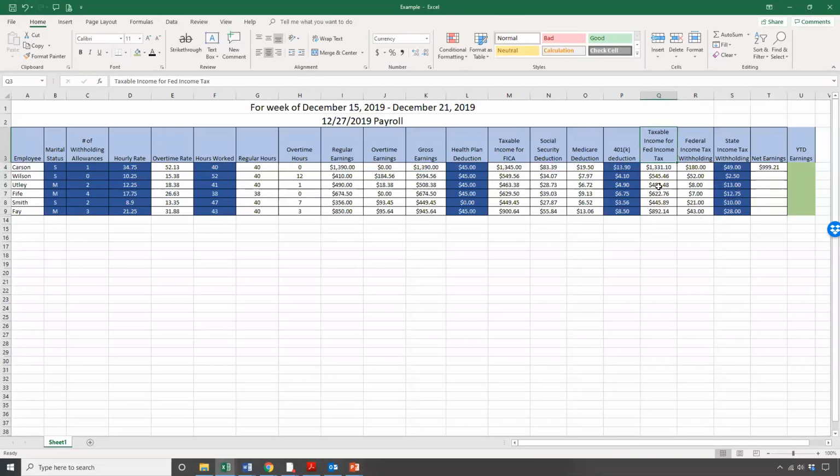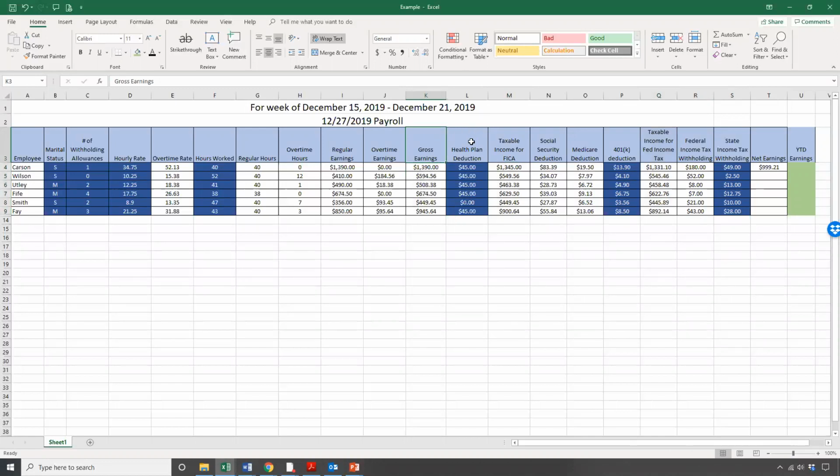Remember, don't include these columns that say taxable income. Don't include those as deductions. Those are just for you to do your calculations for your Social Security and Medicare and also the federal income tax withholding. So when you're calculating your net earnings, don't include those in your deductions. All you're going to do is gross.